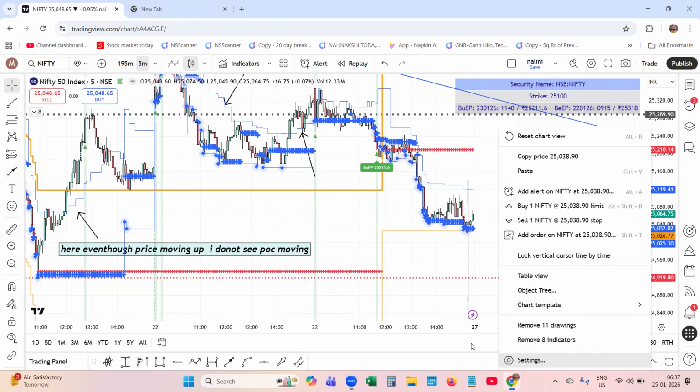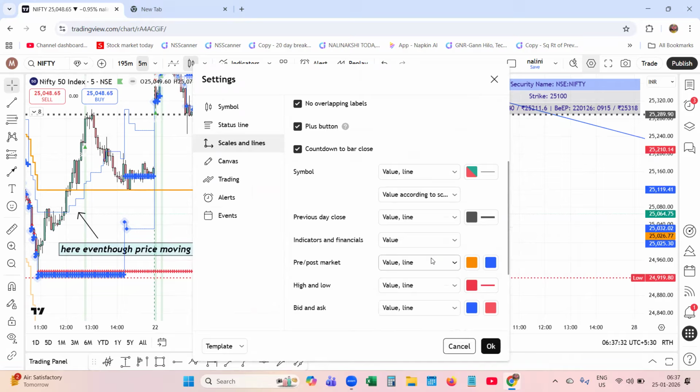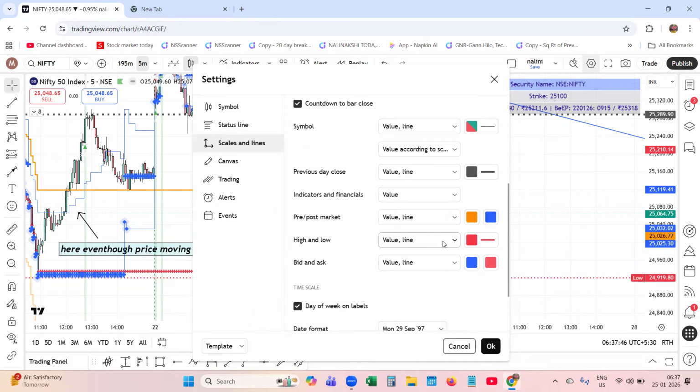Go to the settings, and here, previous day close, if you enable this value and line with the price, it will come. And in previous day indicators, if you go there, high and low of the previous day come over here, value and line, and you can mark. You can enable this to keep this.